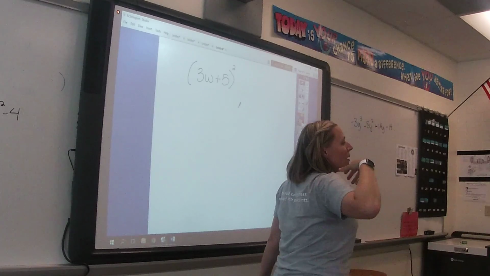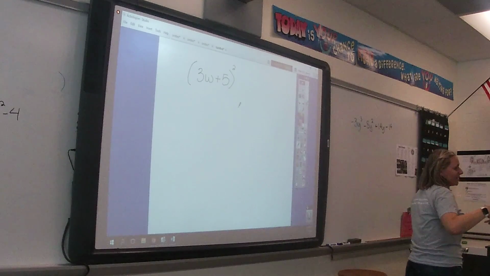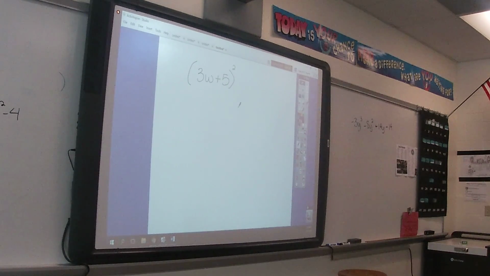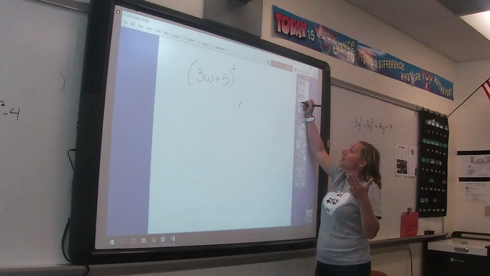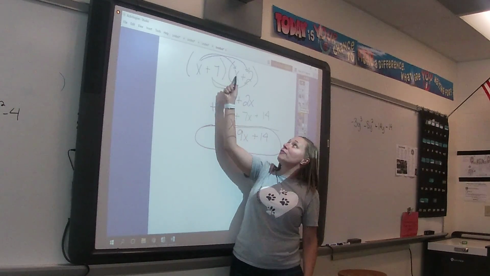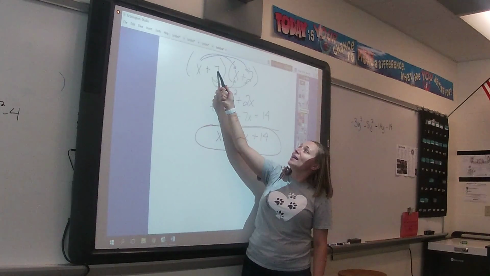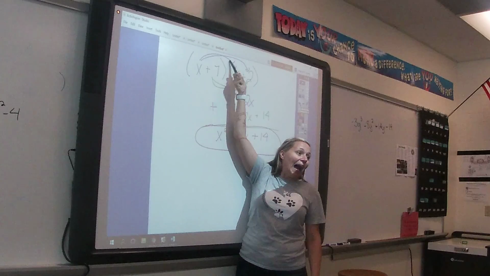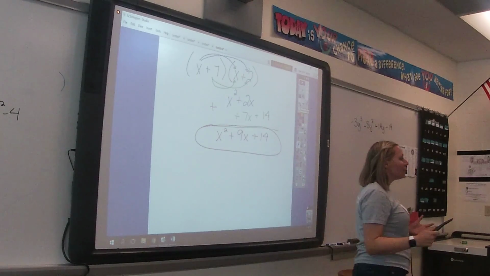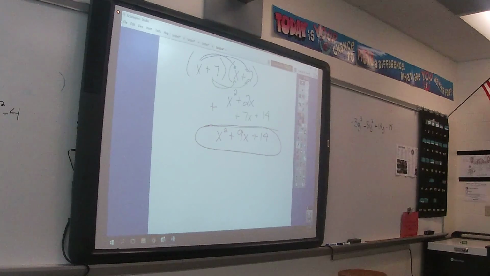People don't know what multiplying polynomials is, but they know what foiling is, because FOIL, F-O-I-L, is an acronym. It stands for first, outside, inside, last. It was a catchy term to remind you how to multiply all four of them.